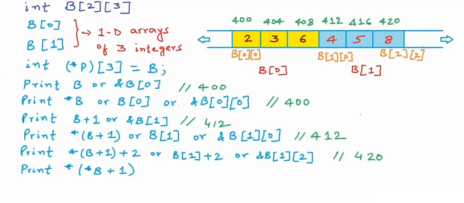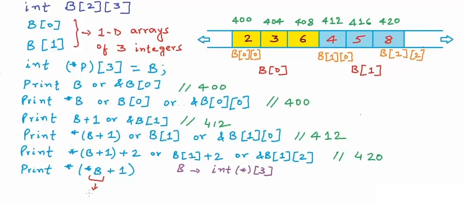Think about it. Whenever you encounter an expression with pointer arithmetic and dereferencing, you must go step by step. Here, B is returning us a pointer to a one-dimensional array of size 3, a one-dimensional array of 3 integers, and dereferencing it will give us the one-dimensional array.